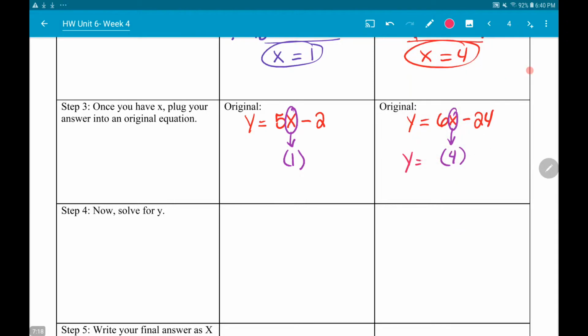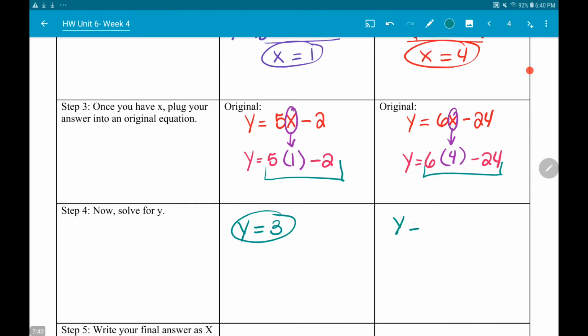Everything else stays. All right, now we solve for y in my calculator. 5 times 1 minus 2. That gives me 3. And on this side, I get 0.